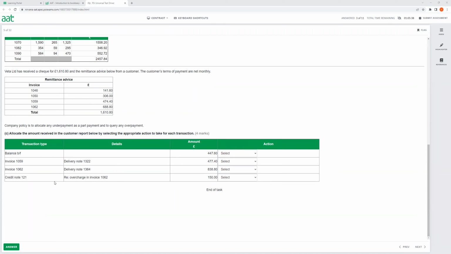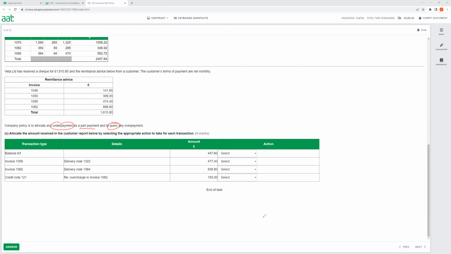So you have opening balance. The question said company policy is to allocate any underpayment as a part payment and to query for overpayment. So if we see any underpayment, then we say it's a part payment. If we see overpayment, we will choose the query. So we want to inquire why they overpaid.